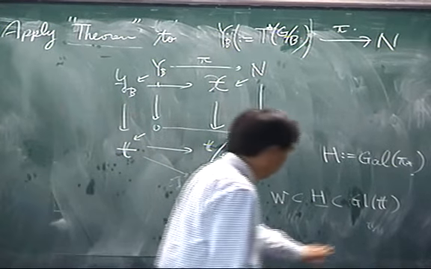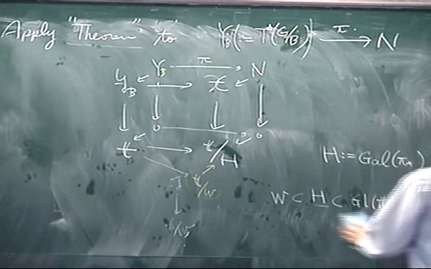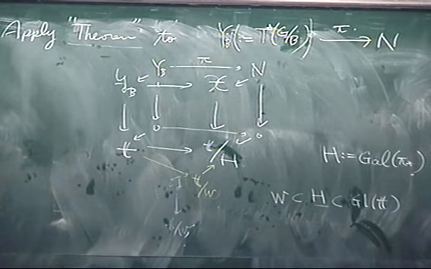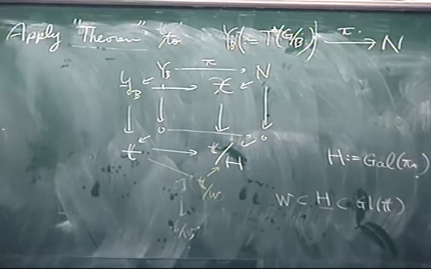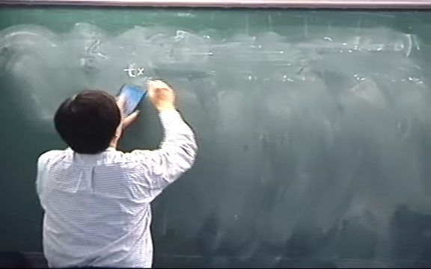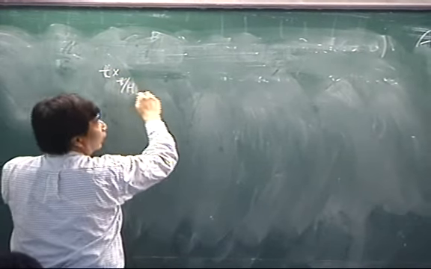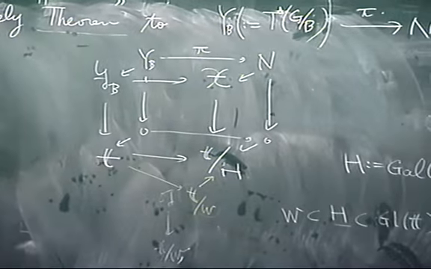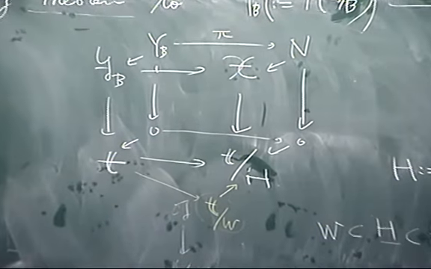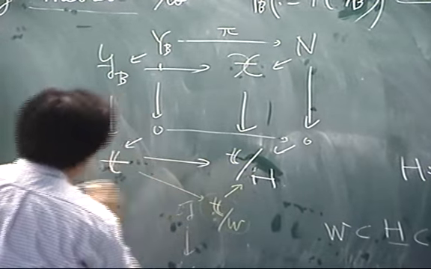And we have the following commutative diagram: Y_B, T times T mod W, T mod H, J to T. This is just a pullback of this family by this, and this map factorizes by this.